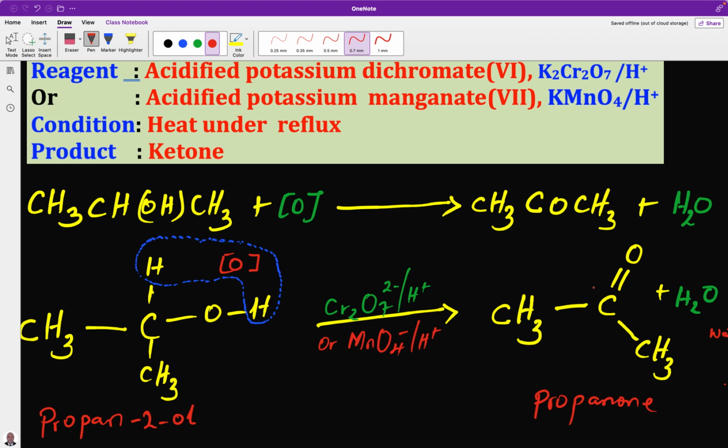Then we put in our secondary alcohol, which in this example is propan-2-ol. Then we heat it under reflux. The product that results is propanone, and a molecule of water is released.